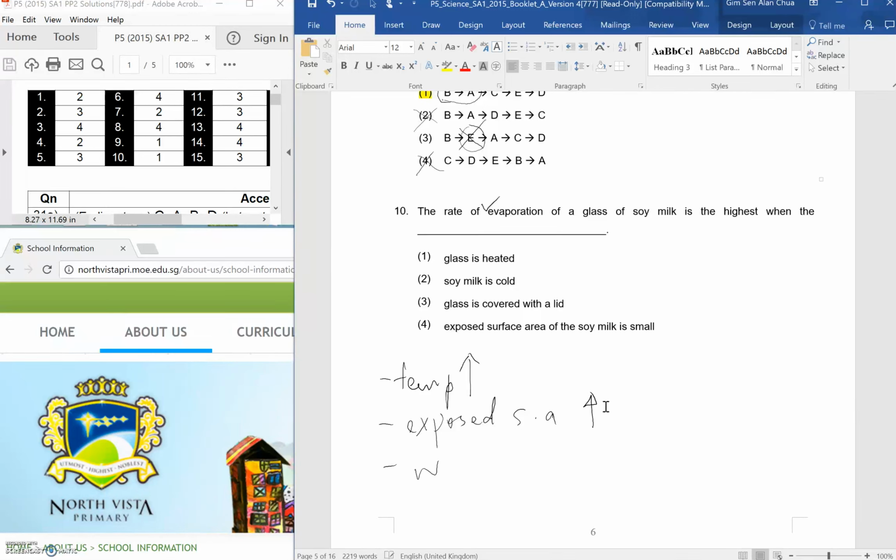And number 3, increase in the amount of wind. So when the glass is heated, yeah, possible. When the soy milk is cold, wrong, because we want increase in temperature. When it's covered with a lid, that means there's less wind, no. Exposed is small, cannot be small, we want it to be big. So answer is number 1.